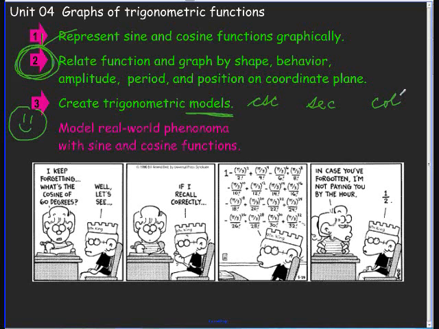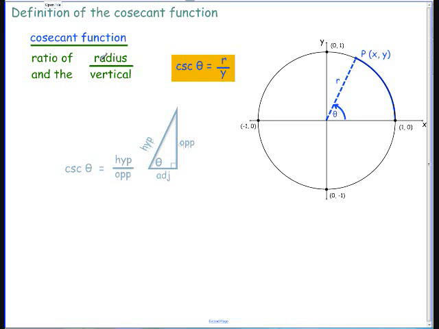These are reciprocal partners of tangent, cosine, and sine. So we're going to take a look at these graphs one more time before we move on into Unit 5. This will be a fairly short lesson. You don't mind that, do you?